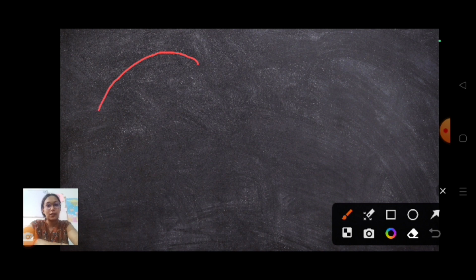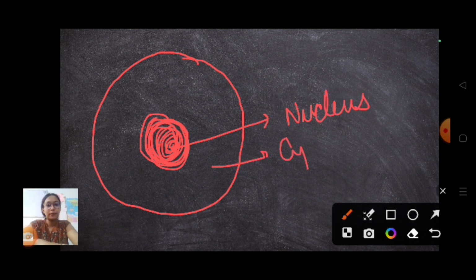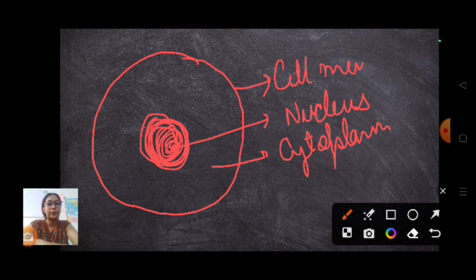Suppose this is a cell, it will have three main components: a nucleus at the center, you have cytoplasm, which is the jelly-like liquidy material matrix, and the outer protective covering layer, which is called the cell membrane. These are the three important parts of a cell.